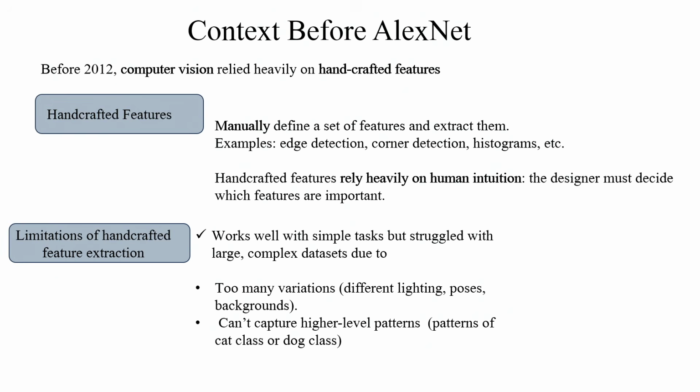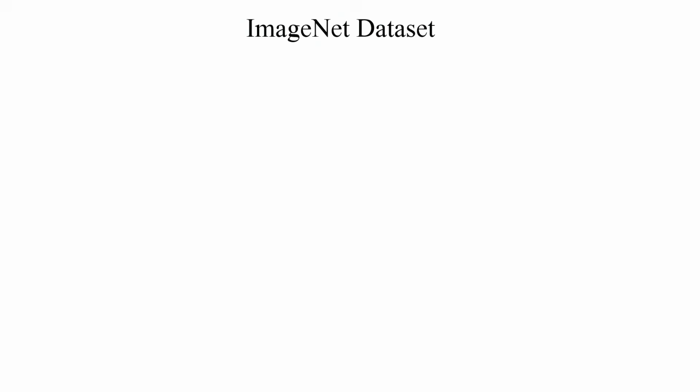Then what happened is, in 2009, a big massive dataset was created. This was also a problem that the scientists felt: when they tried to make machines see images as humans see, neural networks required a lot of images, which were not available at that time.